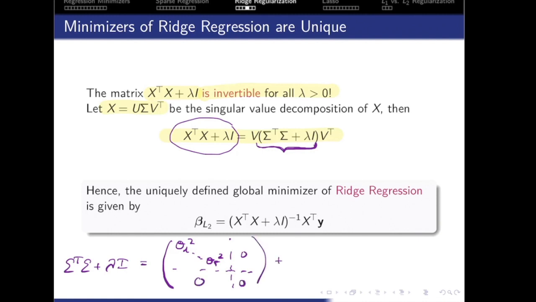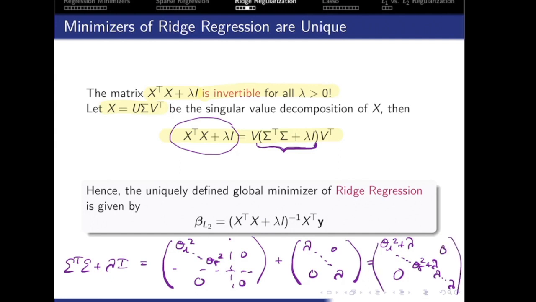And if I now add lambda times the identity matrix, so this is the matrix which has lambda on its diagonal, then I get sigma 1 squared plus lambda on the first r diagonals, and it's lambda all the way down, right? Like this.